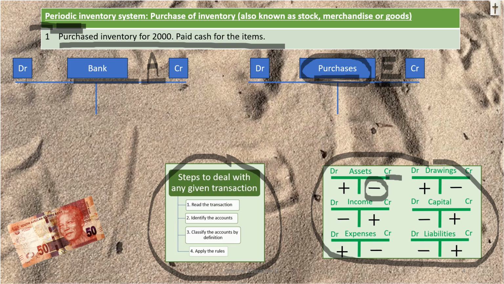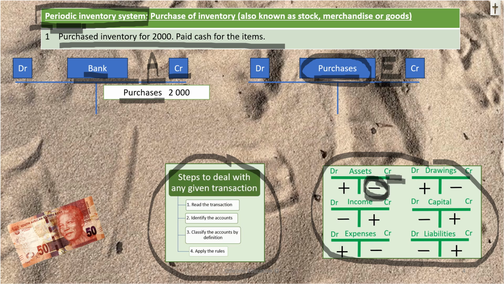Now, which account is going to be debited and which account is going to be credited? I mentioned earlier, our bank balance, which is an asset, has decreased. So the account will be credited. So on the credit side of bank, we're going to have the name of the other account involved in this transaction, which is purchases, because we're using the periodic inventory system.